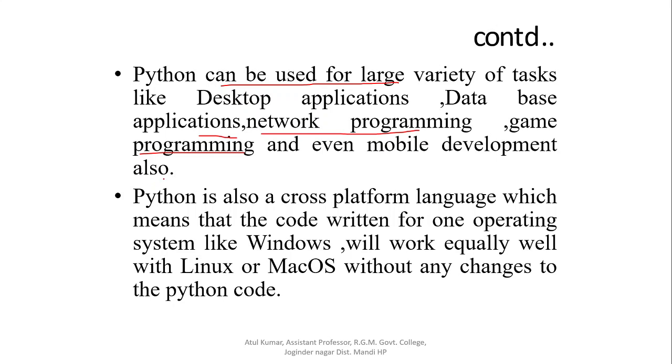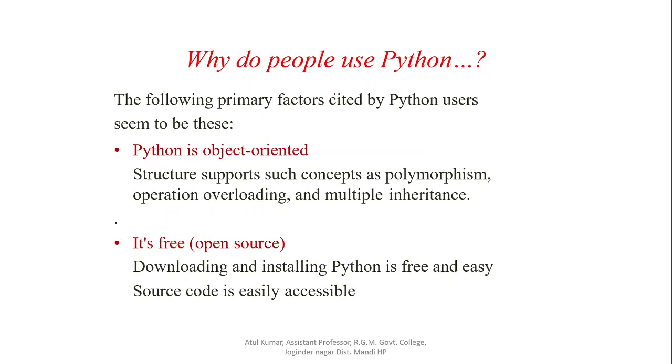So this is a very important application of Python. Python is also a cross-platform language, which means the code written for one operating system like Windows will work equally well with Linux or Mac OS, the very popular operating system of Apple, without any changes to the Python code.